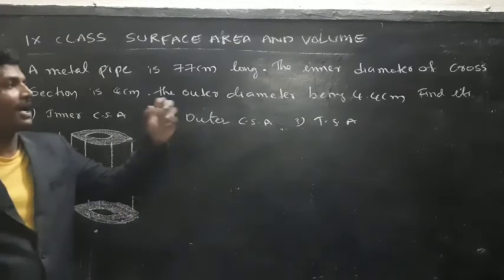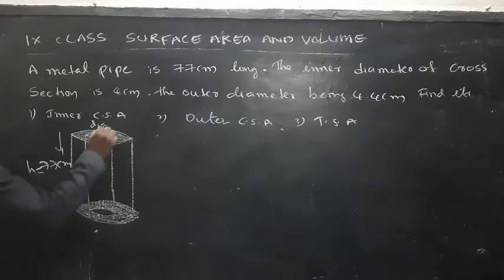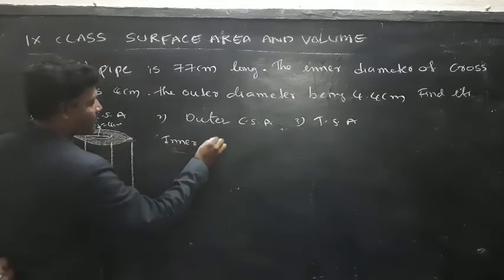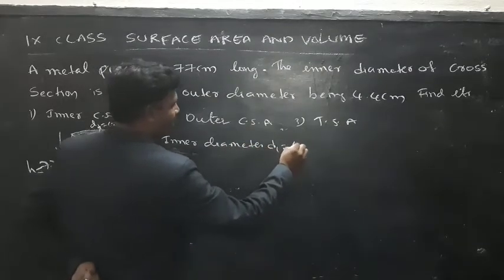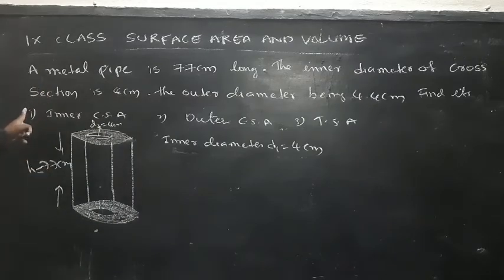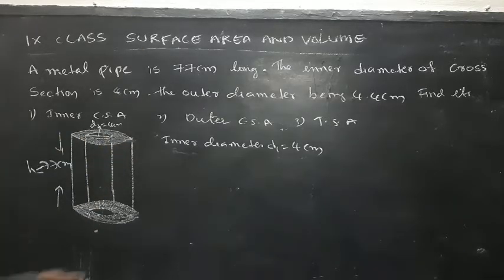The inner diameter d1 is equal to 4 centimeters. Cross section is 4 centimeters. The outer diameter is nothing but 4.4 centimeters.